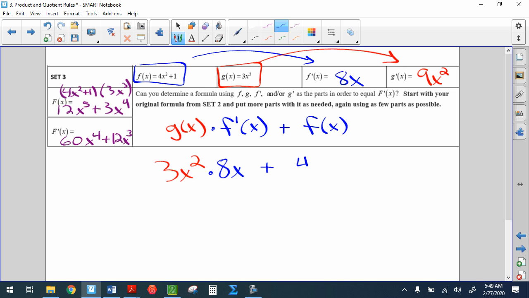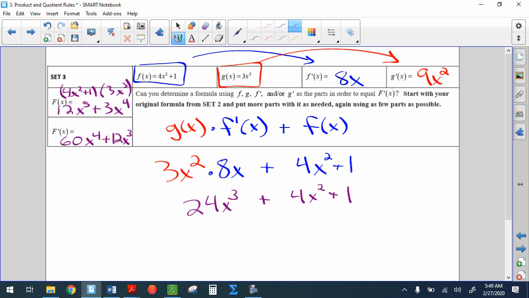F of x was 4x squared plus 1. And so if I look at this, I have the 8x times 3x squared gives me a 24x to the third. And then I have a plus 4x squared plus 1.